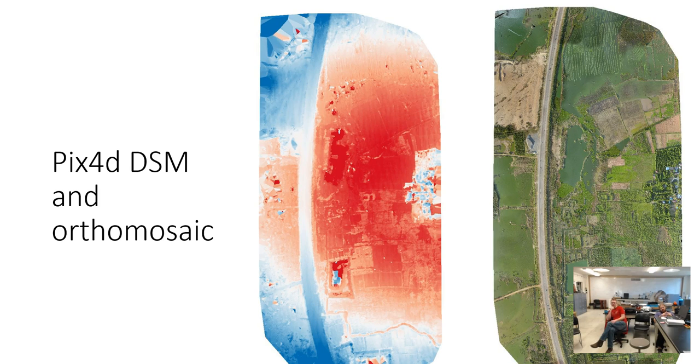Oh, is the red the low? Yeah, the red is the low. It's definitely not perfect. Like there's this area right here, which should be flat, but it's got this weird, kind of pixelated pattern. And there's a few areas that also have a strange pixelated pattern where it should be completely flat. But it's a lot better than last time.